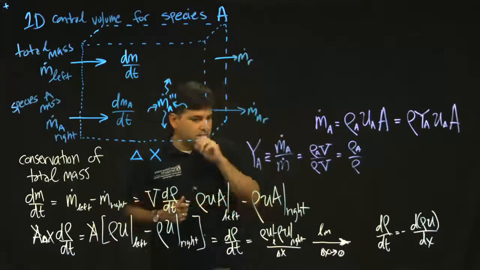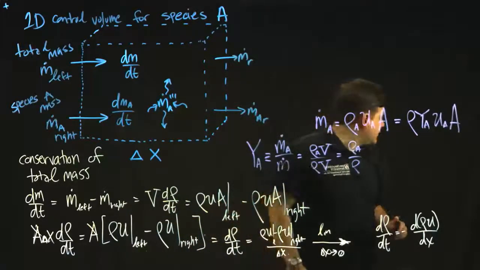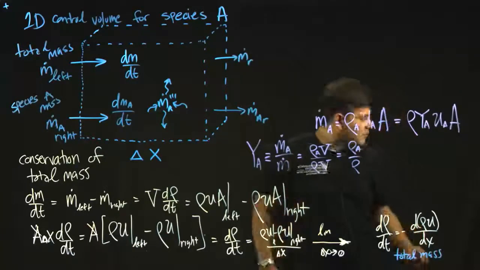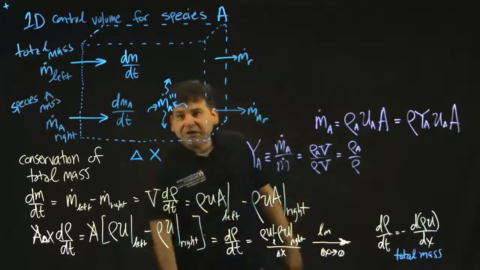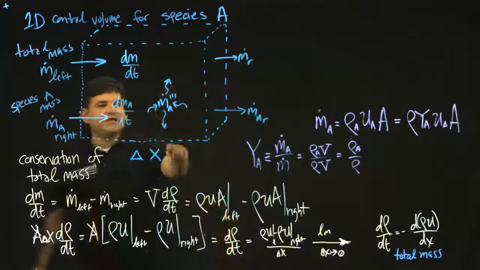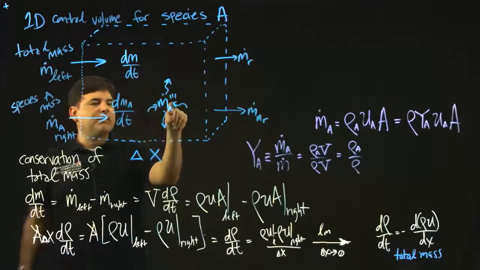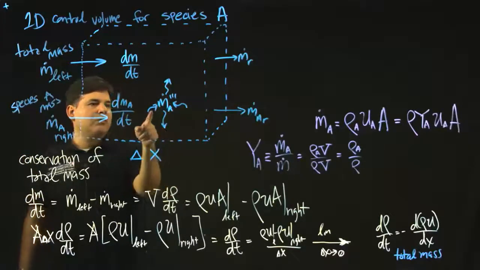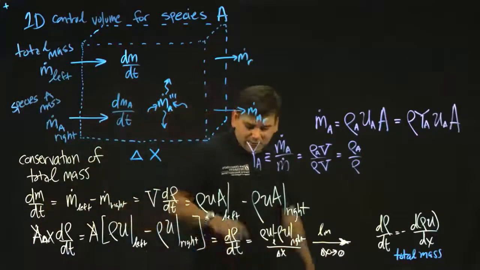So this would be for total mass, total mass conservation there. For each species, the main difference here is that you have this source term. This is a mixture. There could be chemistry in here. This one molecule A could be produced or destroyed in a chemical reaction. That's what this is accounting for here.